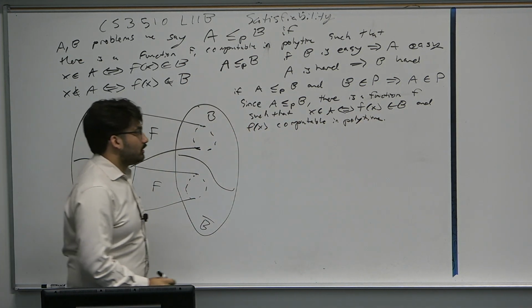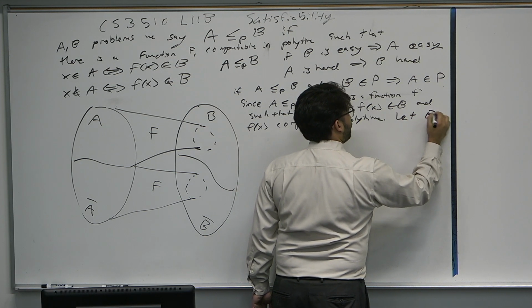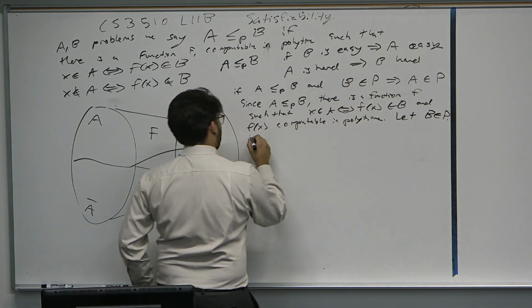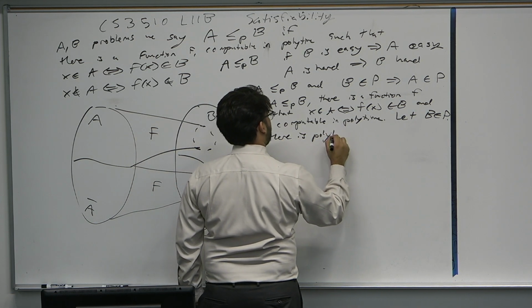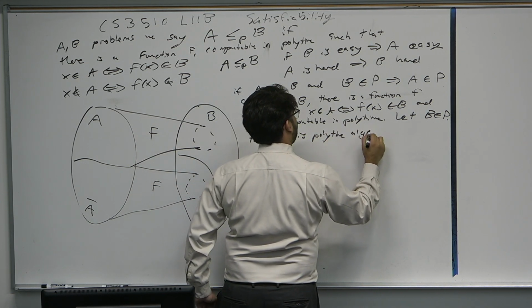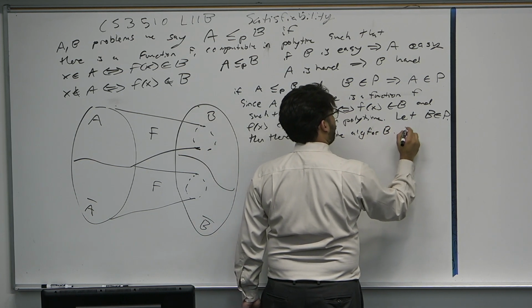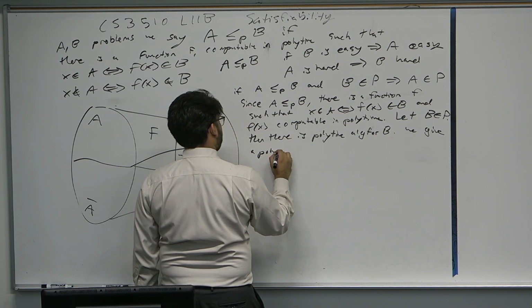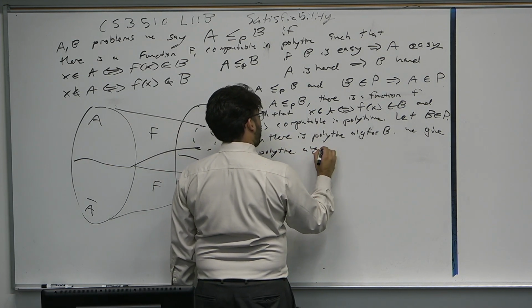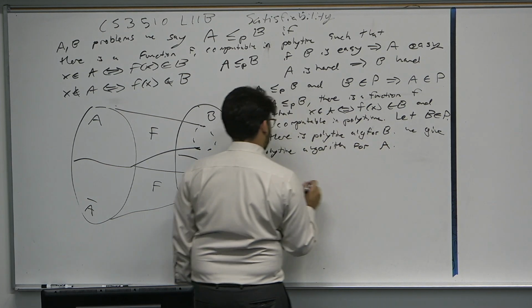Let B be in P. Then there is a polytime algorithm, we'll call it alg for B. We give a polytime algorithm for A. It's going to look like this.